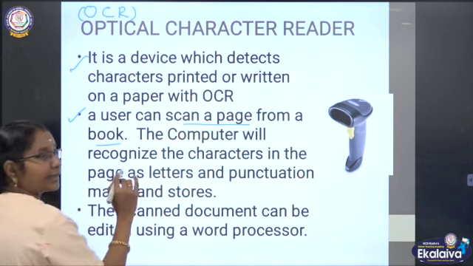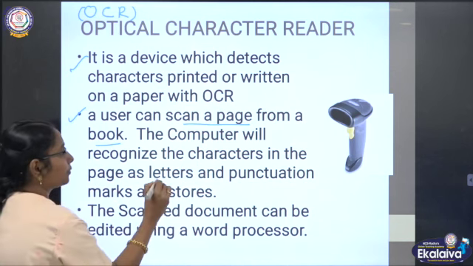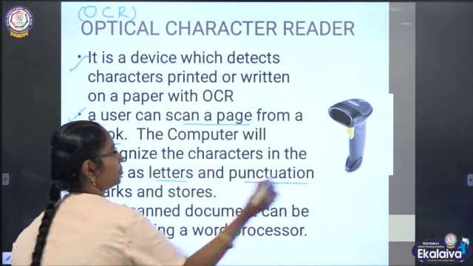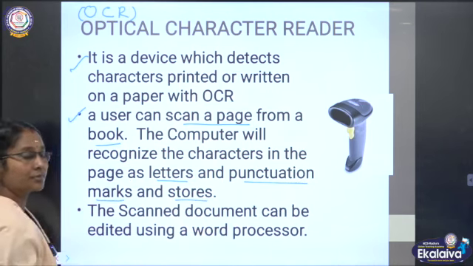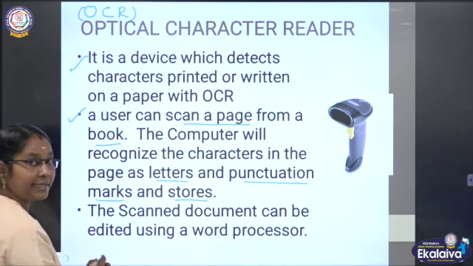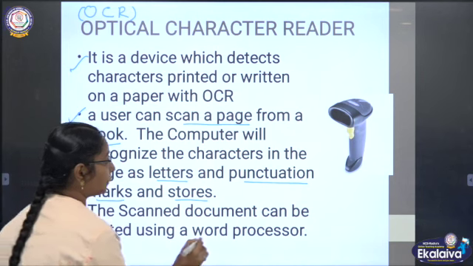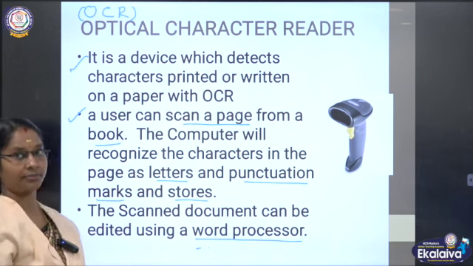The computer will recognize the characters on the page as letters, even punctuation marks, and it is going to store them. Next, the scanned document can be edited using an application called a word processor.